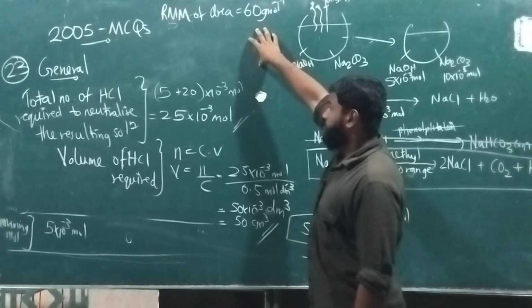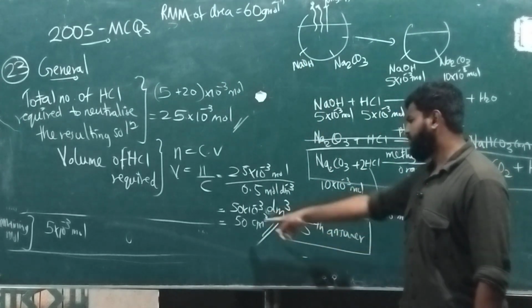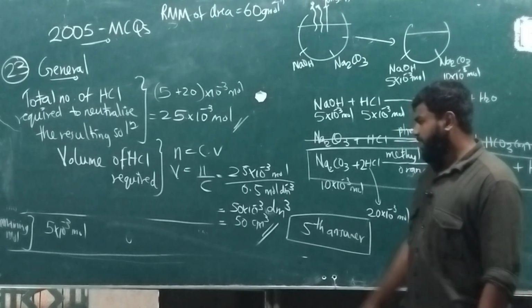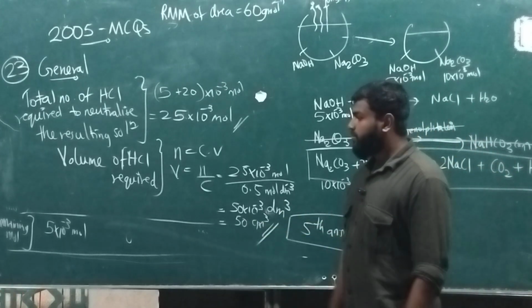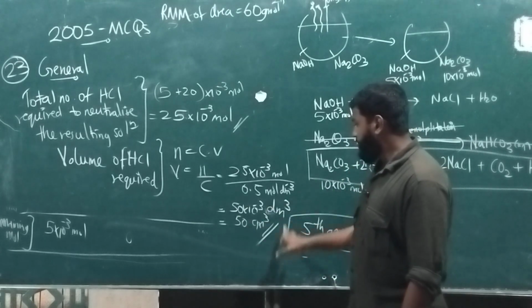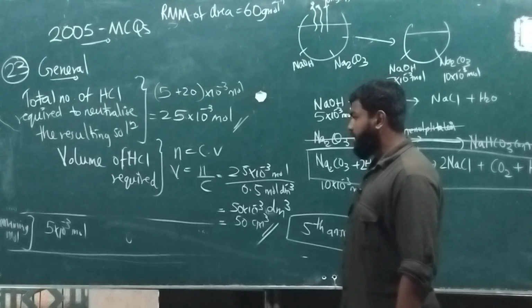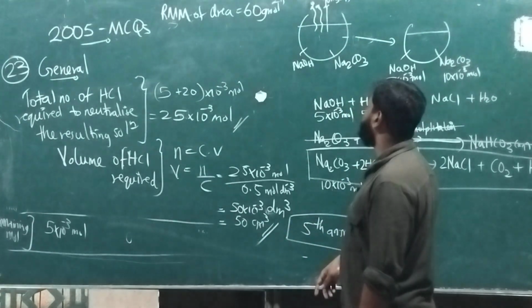So some of them will find the answer to be less than 10 centimeter cube. Actually, I found around 40 centimeter cube will be the answer for someone who lacks knowledge. So be careful. They ask for the required solution of HCl for the resultant solution.